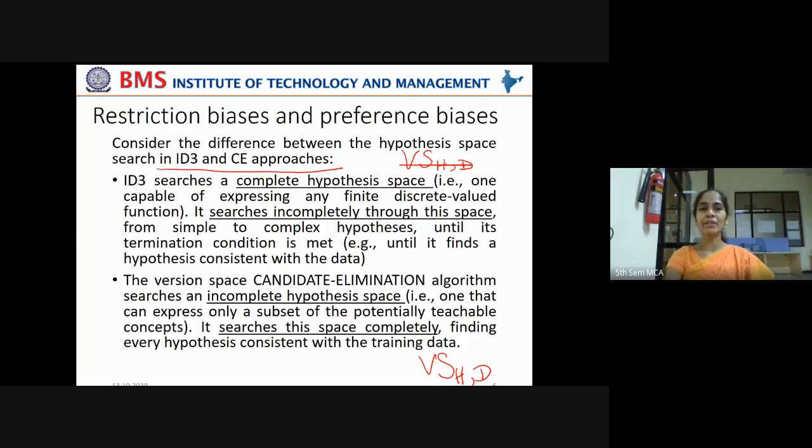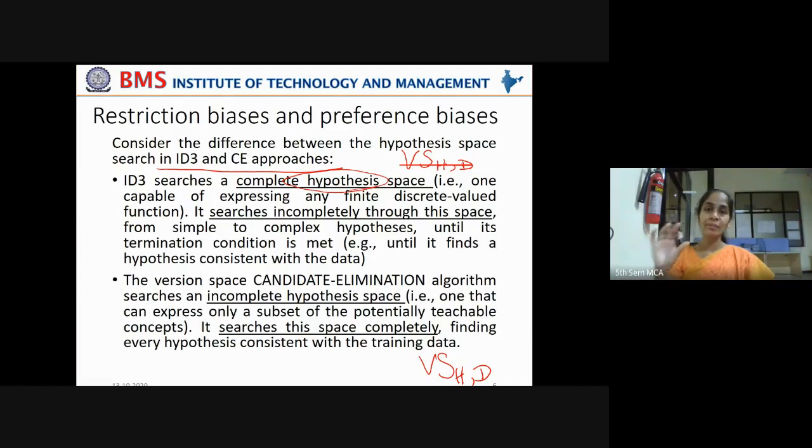As I go on explaining, you'll understand. ID3 searches a complete hypothesis space of the decision trees, and it searches incompletely through this space. Understand carefully. It searches the complete hypothesis space, but incompletely searches through this space.